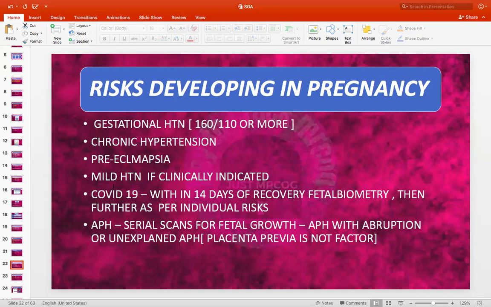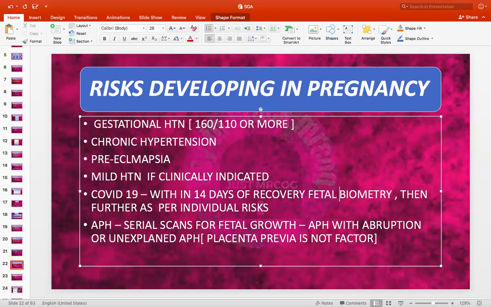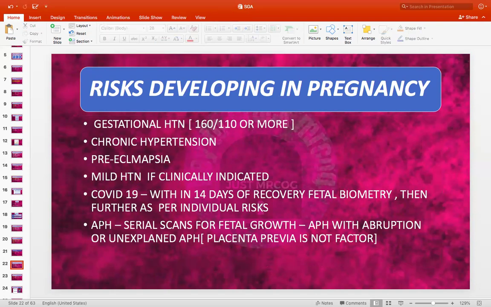COVID-19: if the patient is having or was having COVID-19, once she recovers, then within 14 days of recovery we offer fetal biometry. Okay, within 2 weeks.